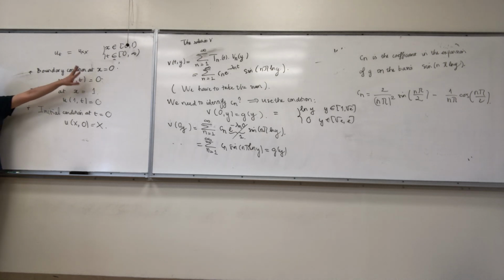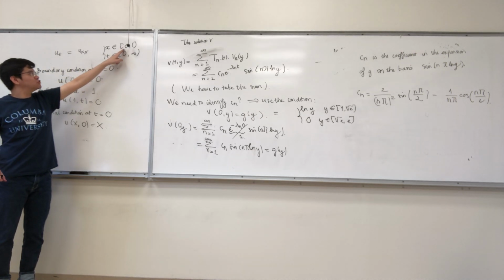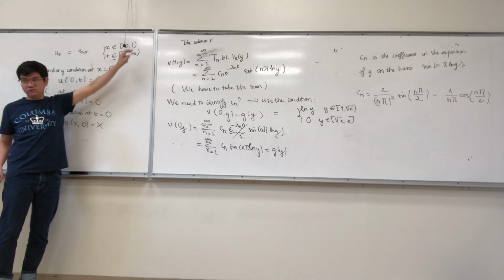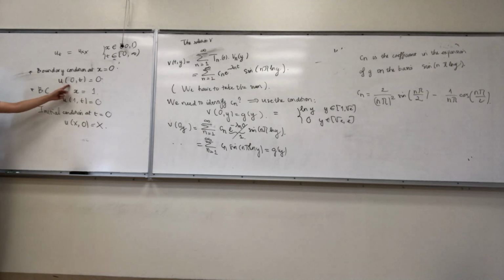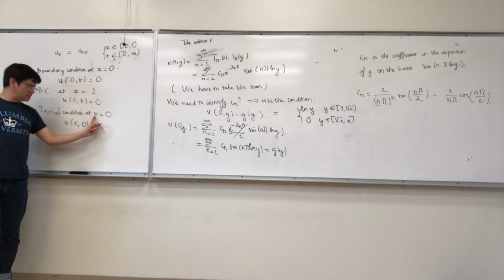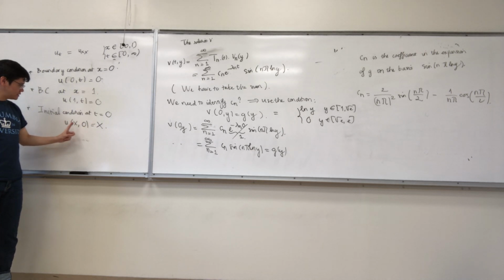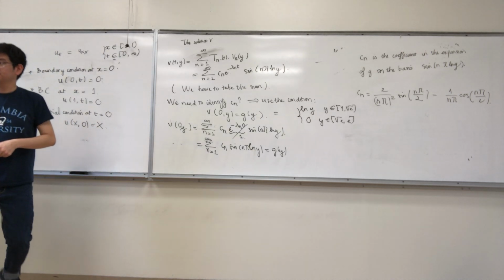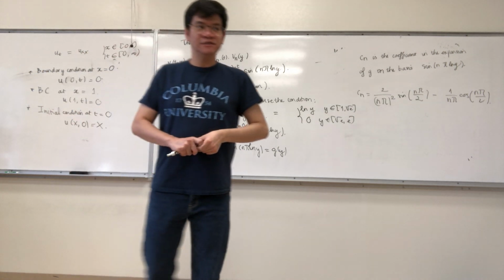For the boundary conditions, x has two derivatives, so you have two boundary conditions at 0 and 1. You have u(0,t) is 0, and the other boundary condition at x equal to 1 is u(1,t) equal to 0. The initial condition at t equal to 0 is u(x,0) equal to x. Is it clear?